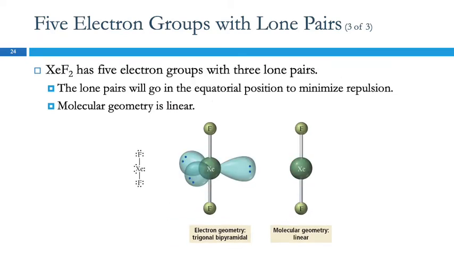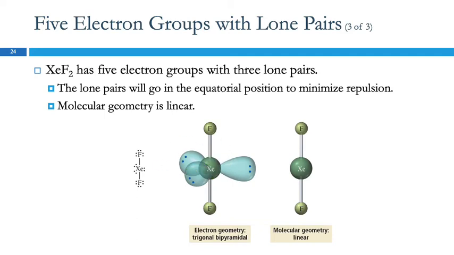Xenon difluoride. This guy's like almost all lone pairs, right? So there's 3 lone pairs and 2 single bonds. So a total of 5 electron groups. So again, we have this trigonal bipyramid structure. The lone pairs are going to go along the equator.